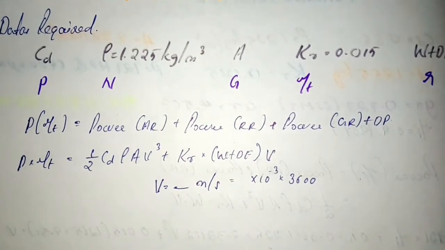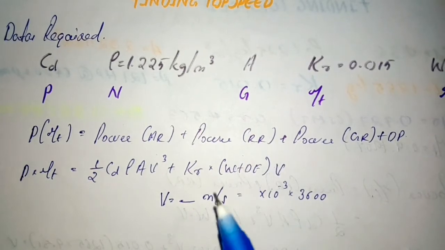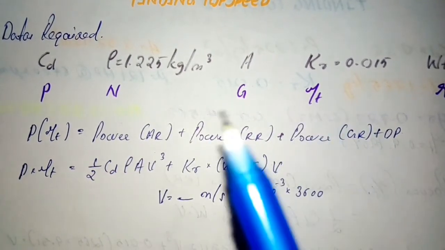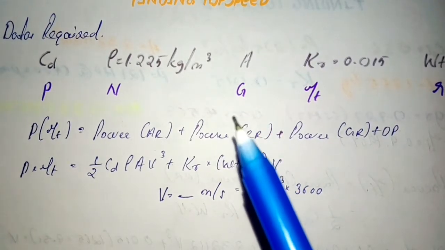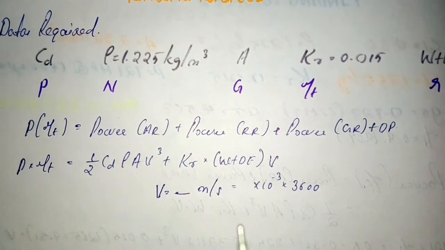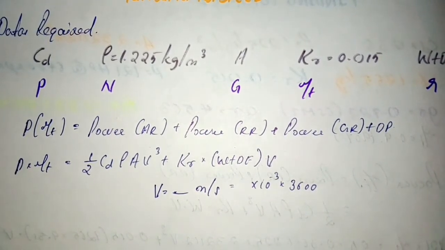In this method, we will predict the top speed of the vehicle with respect to the speed of the engine and the gear ratios we have. So it will be the maximum speed the car can reach with the speed of the engine.